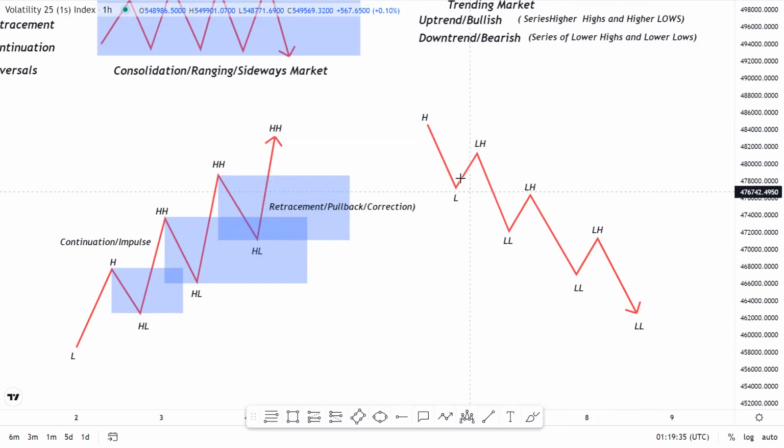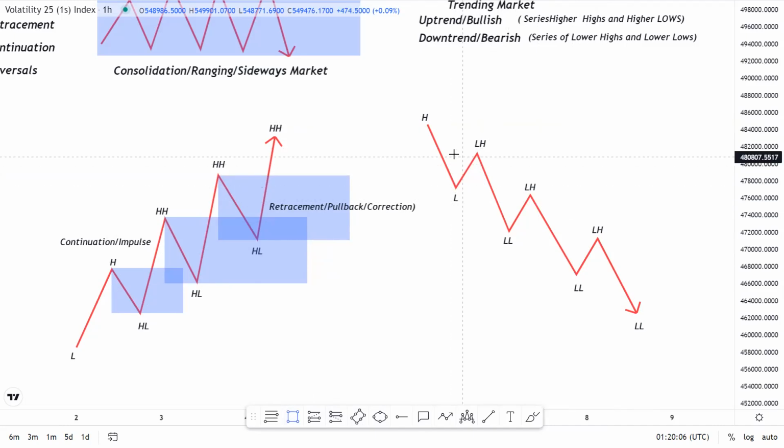Now, every buy movement against the overall downtrend, against the overall downwards movement in the market, tends to give us our retracements, pullbacks, corrections, because we have said the retracement is usually a temporary price movement against the overall trend.